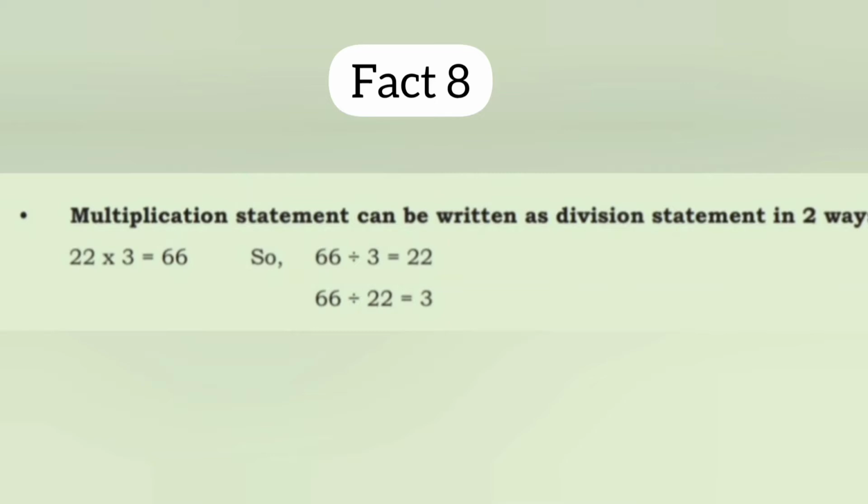One way is 66 divided by 3 is equal to 22. That's right. And the second division statement is 66 divided by 22 is equal to 3. So the multiplication statement of 22 into 3 is equal to 66 can be written as either of these division statements.